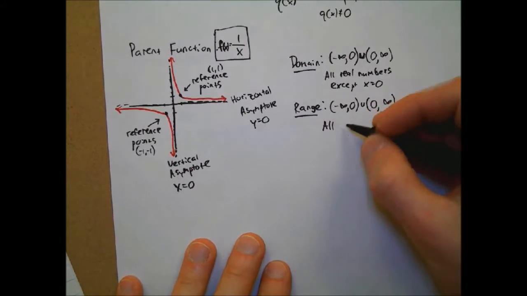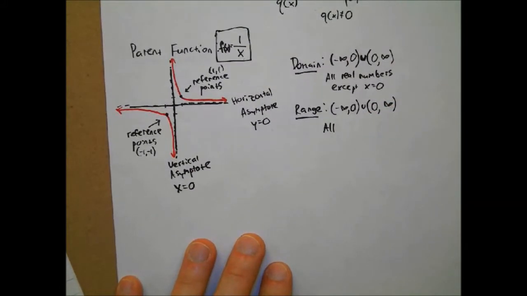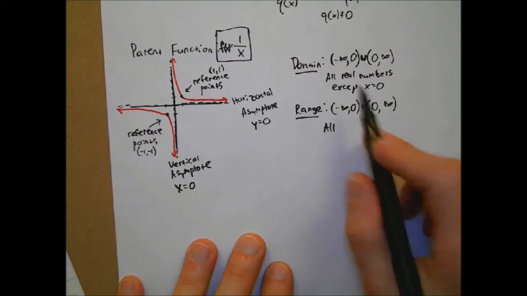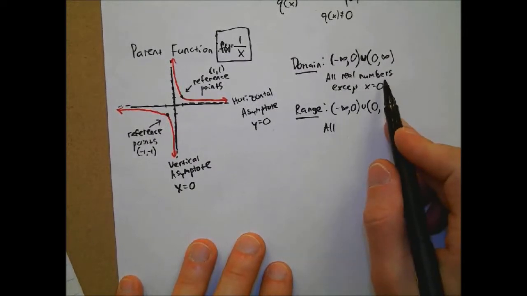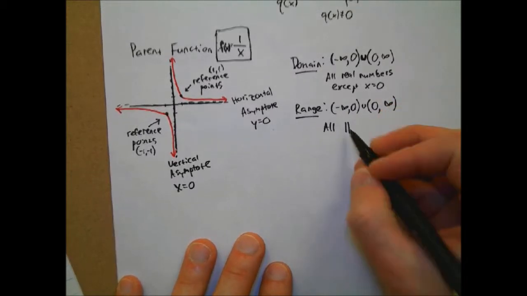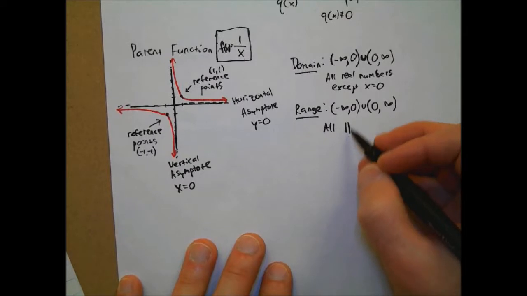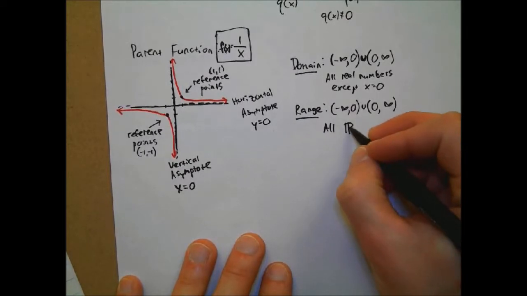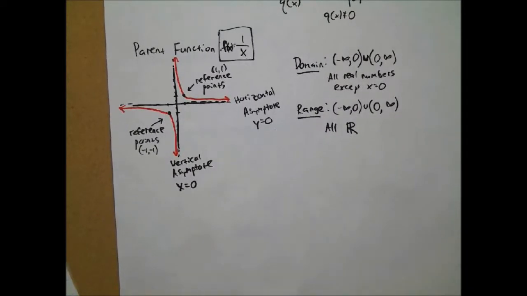Now, if you want to get really fancy here, there's actually a mathematical symbol for real numbers. If you don't want to write out the words real numbers, you can use this symbol here, and I'll show you. It's a capital R, but it's got two vertical parts, and then you just draw the capital R right through it, like that. That means real numbers.